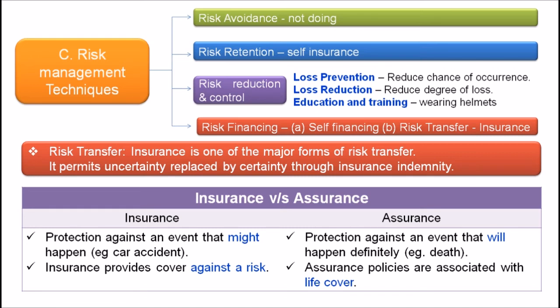We know that death is definitely going to come, but this will continue till your life cover. It gives cover for what is definitely going to happen. Still, assurance is given by insurance companies. This is how insurance and assurance are a little different. So be clear, friends. Insurance is might happen, assurance is will happen.